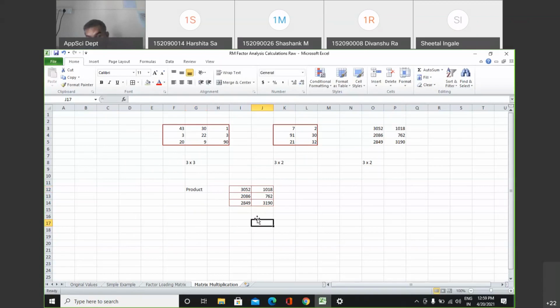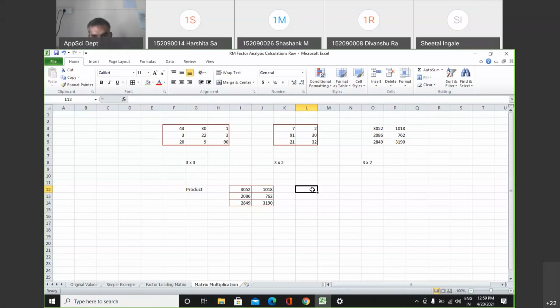Now the benefit will not be apparent, but when you are multiplying a 10 by 10 matrix with another, say, 300 by 10 matrix, you will be much more thankful that this function is there in Excel. You can try this out. I'll also write it for your reference.